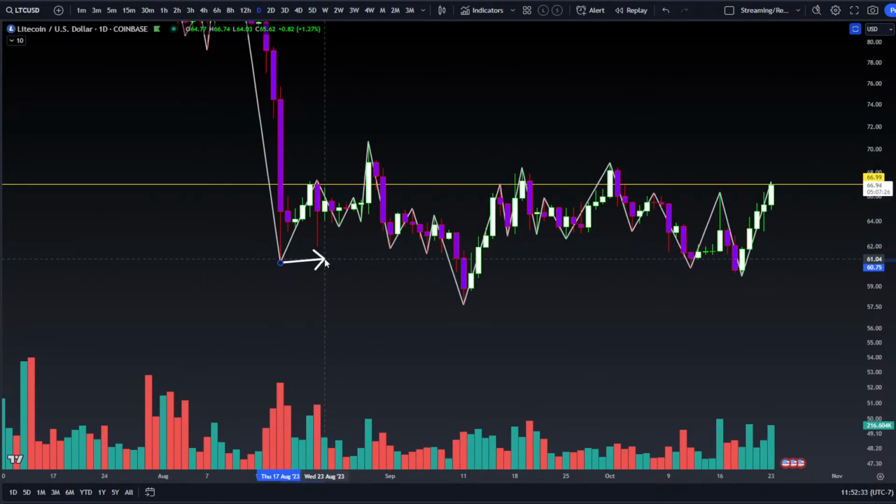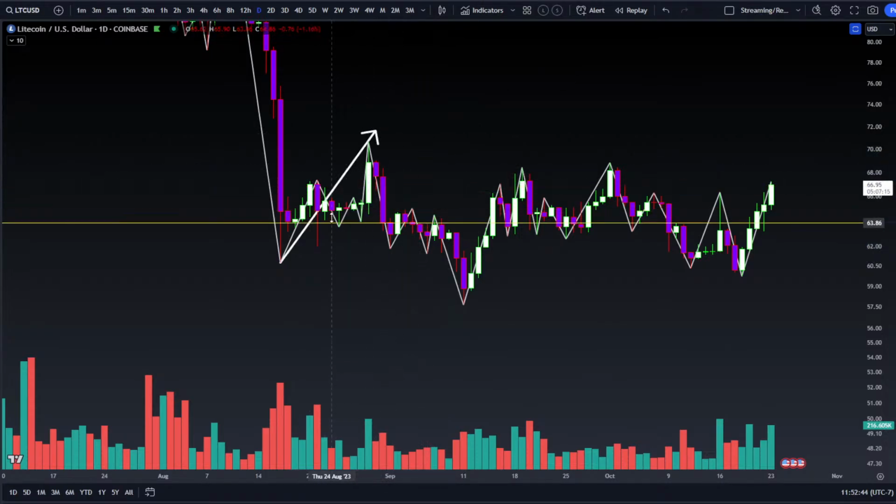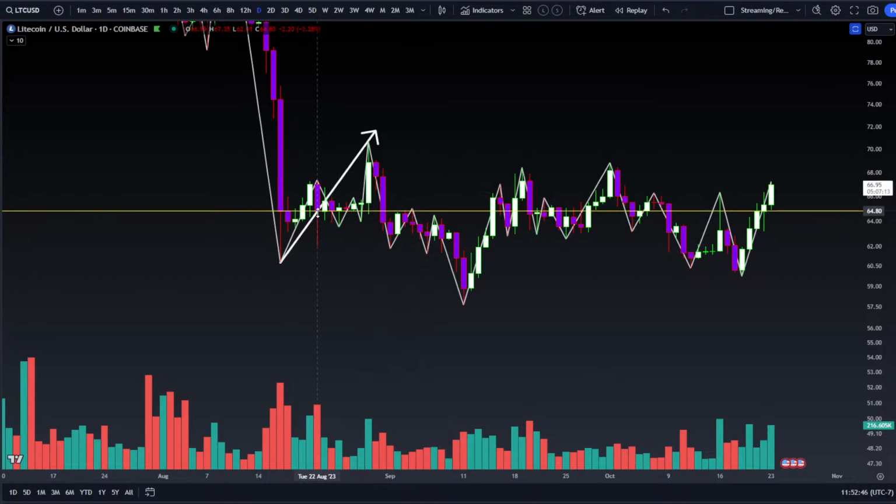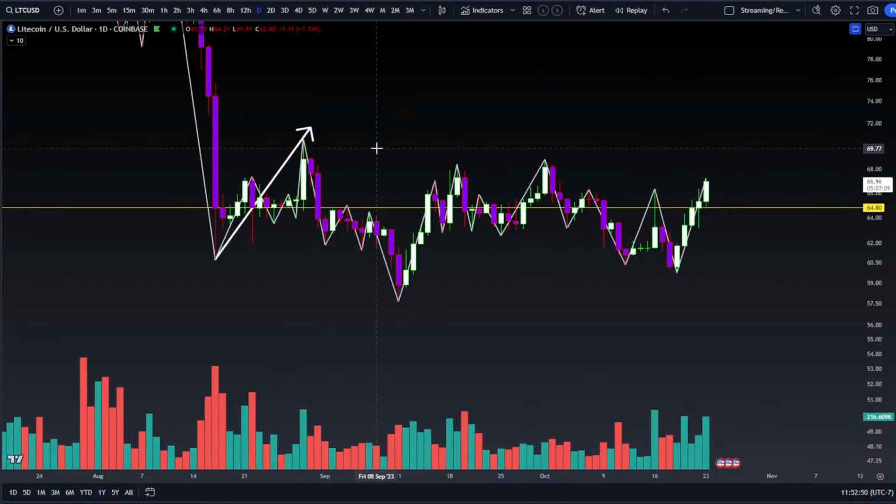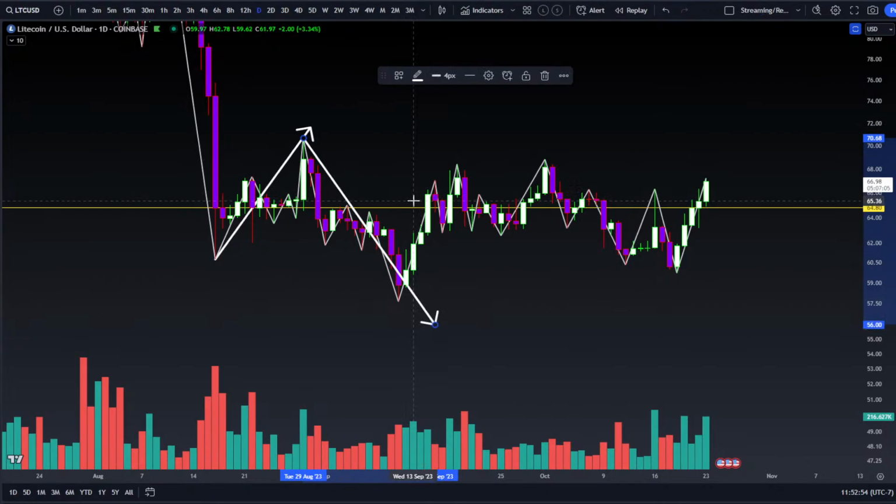Once 66.99, so $67, broke, this is now a volume map that will be built to the upside here. And in order to build the next one to the downside, we take the closing low before the break, because that would be your trend change to the downside. This is now a downtrend, and the structure break was there at that 64.80.